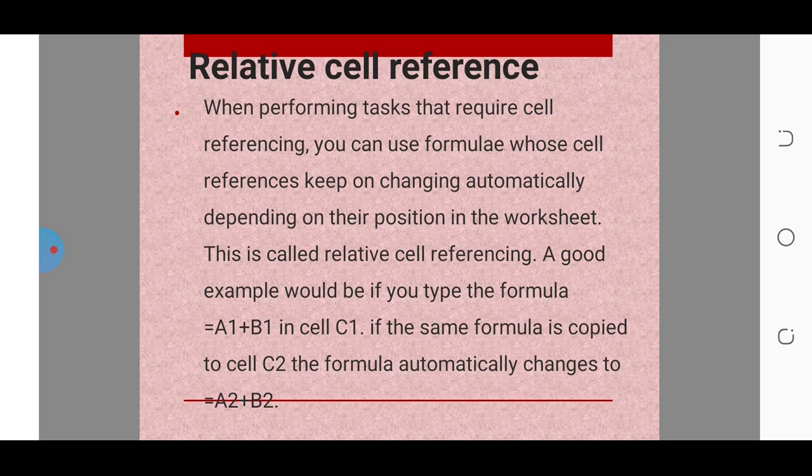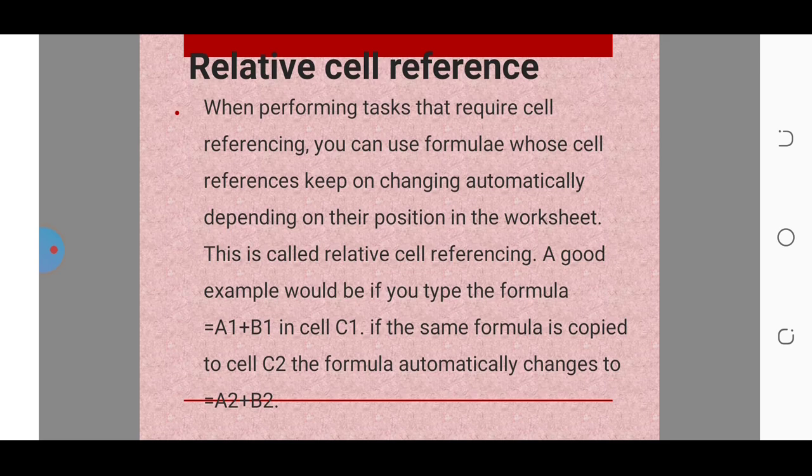A good example would be if you type the formula A1 plus B1, not forgetting the equal sign, which should always come first, in cell C1. This is the relative cell reference. If the same formula is copied to cell C2, the formula will automatically change from A1 plus B1 to A2 plus B2.